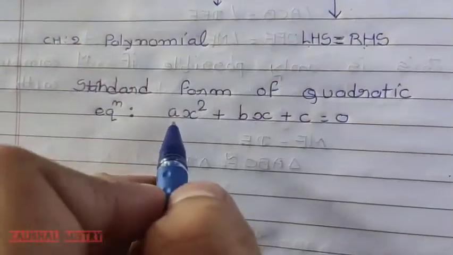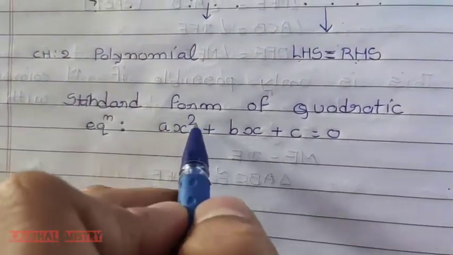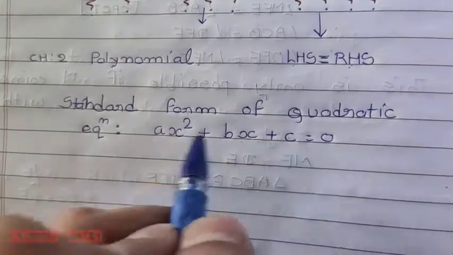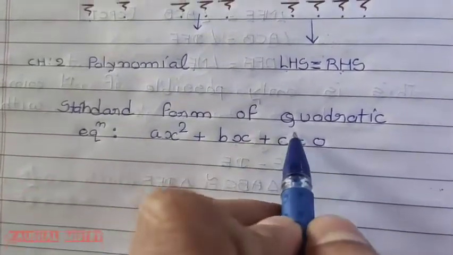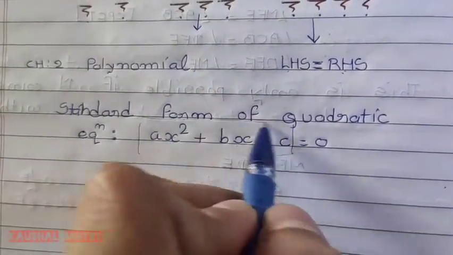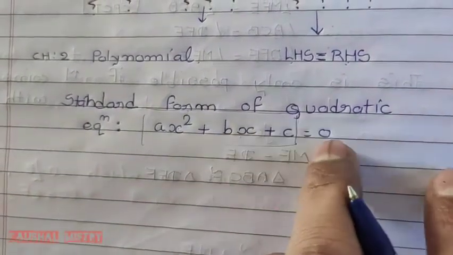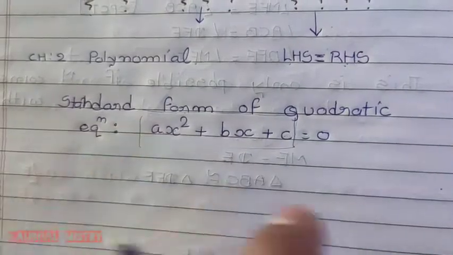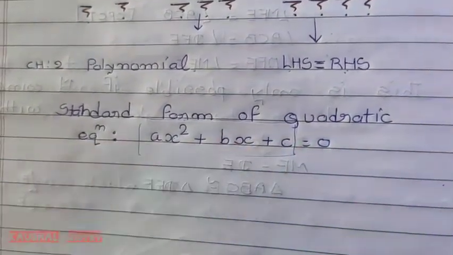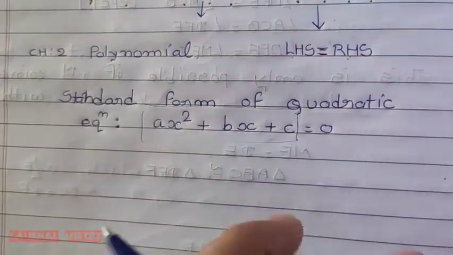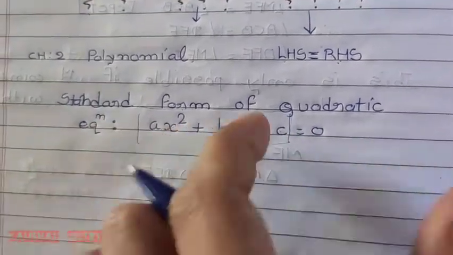Now here we can see that the maximum degree of the polynomial is 2. If we consider this as a polynomial, then the degree of this polynomial is 2. If we consider it as an equation, then the degree of this equation is also 2. So that means that is the standard form of a quadratic equation.